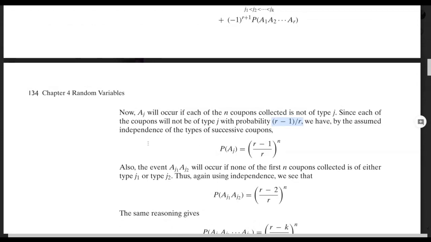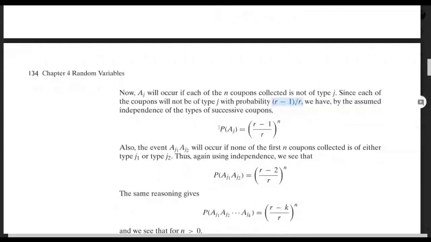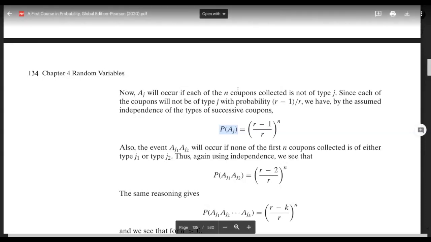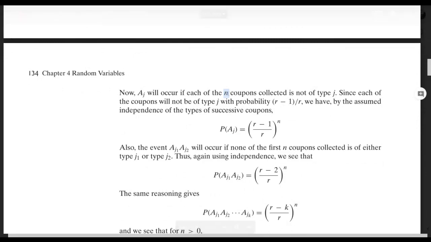Okay, so we have, by the assumed independence of the types of successive coupons, the probability of each Aj is this raised to the n. Yes, because there are n coupons.